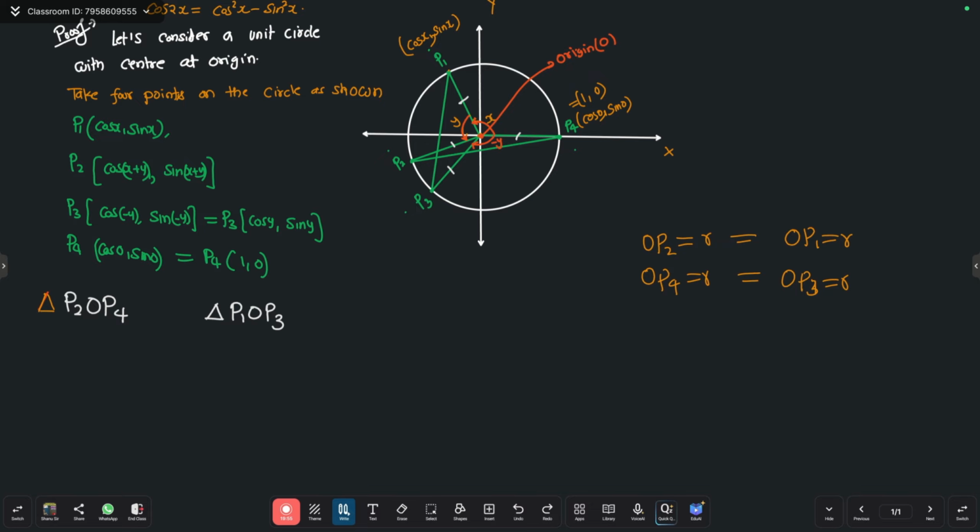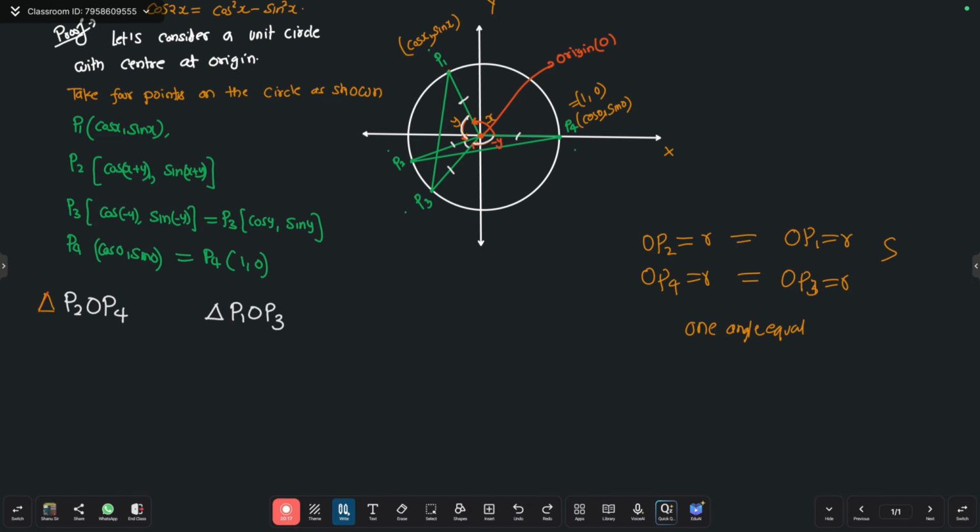And if you observe, one angle is also equal. Which angle? I am talking about this angle. From here to here it is y, and this is also y, and this is common to both. It means two sides are equal and one angle is equal.